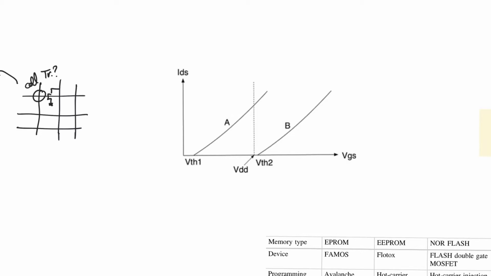So this is a transistor whose threshold voltage can be changed between two values, V threshold 1 and V threshold 2. If V threshold 2 is so high that it is actually higher than the supply voltage we are using, then for all intents and purposes, this transistor does not exist.